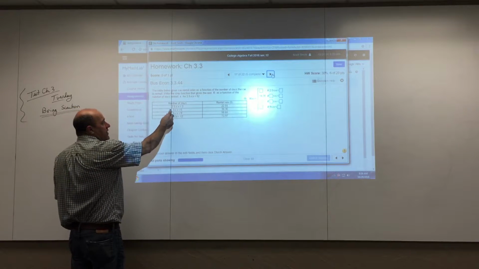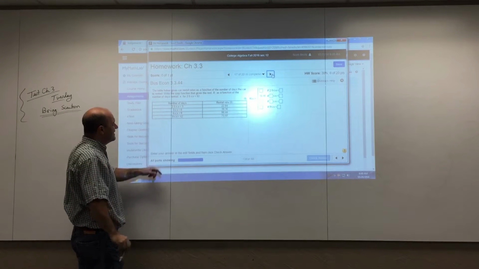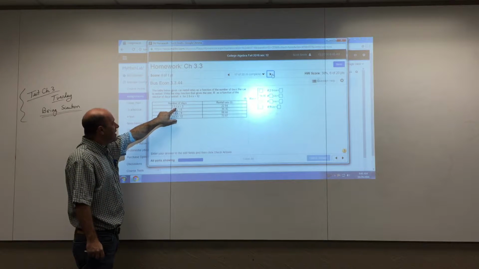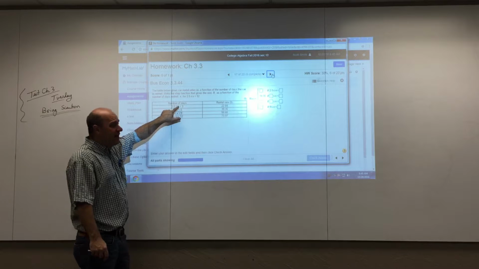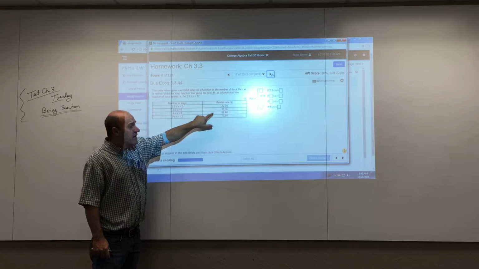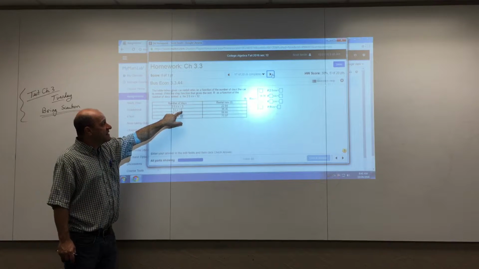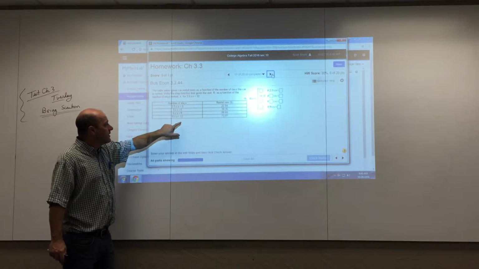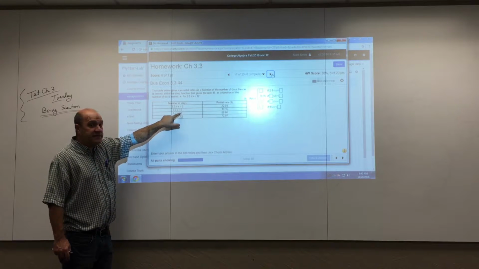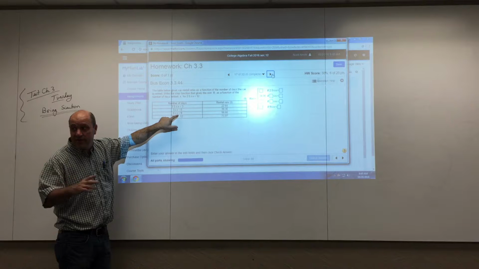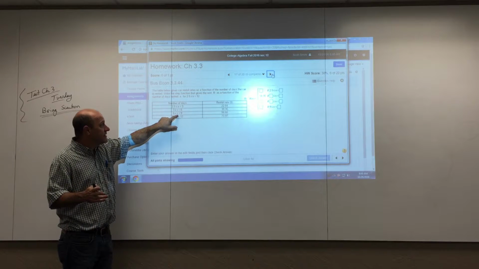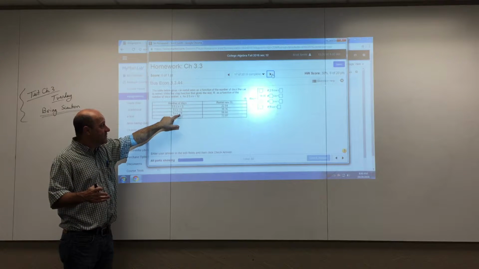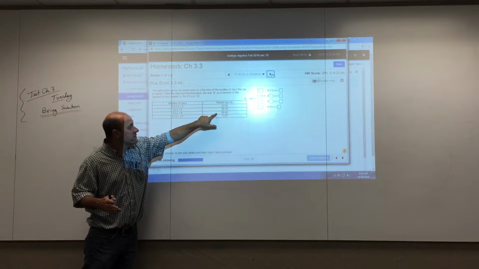If you rent it for 2.5 to 3 days, that's kind of weird. Half a day, whatever. That's the rent. If you rent it anywhere from 3 to 6 days, there's the rent. If you rent it from 6 to 9 days, not including the 9, you got to be careful, not including the 9, like 8.9 days or whatever, then that's the charge.